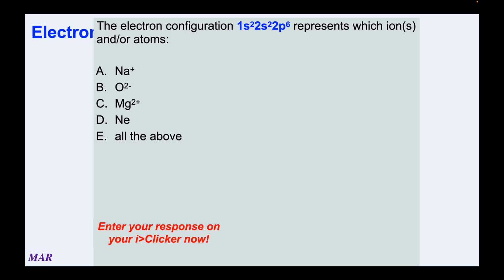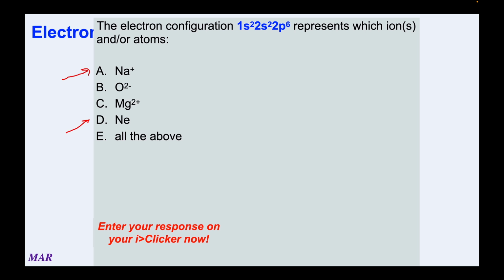So neon is going to have 1s2, 2s2, 2p6, definitely. However, sodium has a total of 11 electrons. If you take away one electron to make it positive 1, 11 minus 1 gives it 10 electrons, and 10 electrons is 1s2, 2s2, 2p6. Sodium plus 1 is also going to be this configuration.